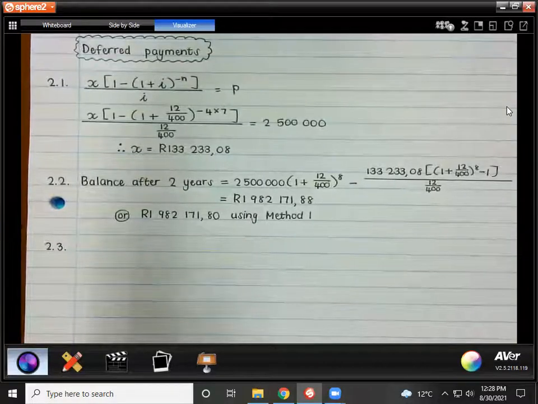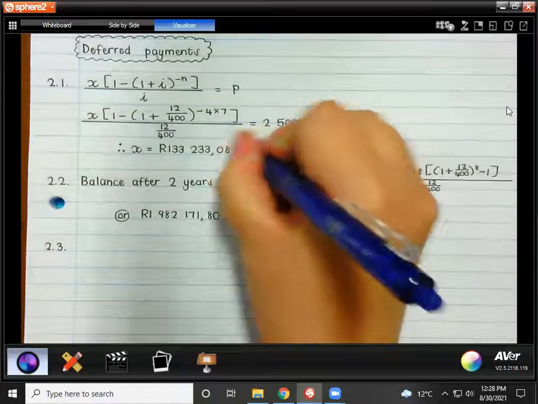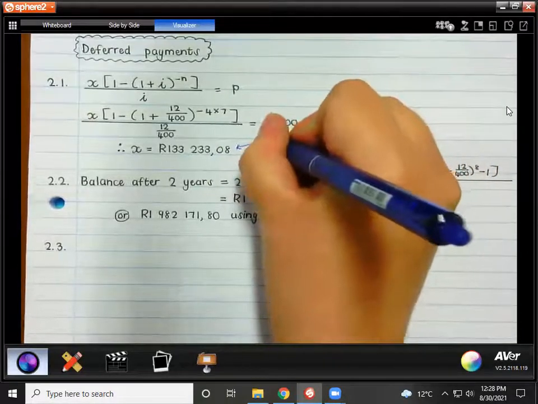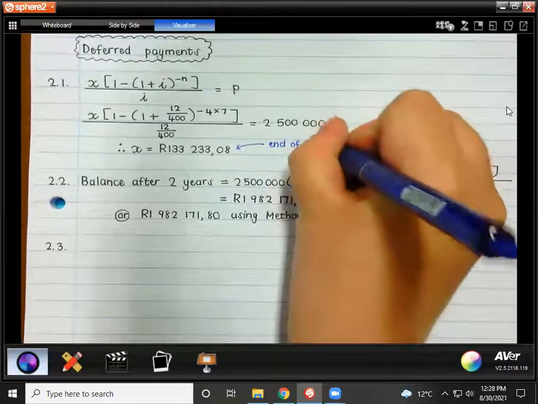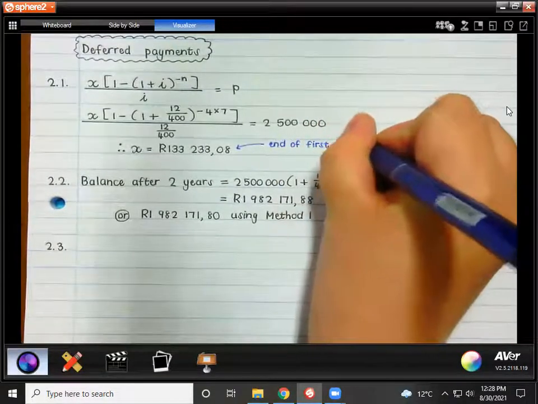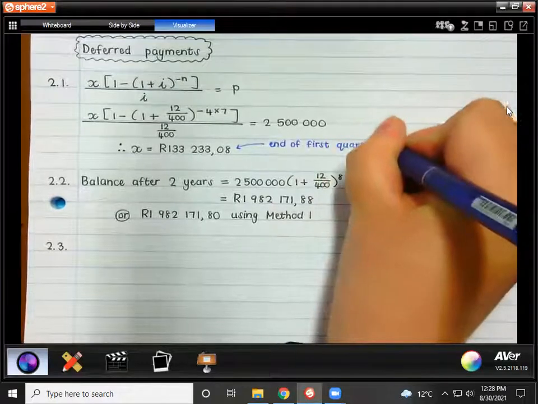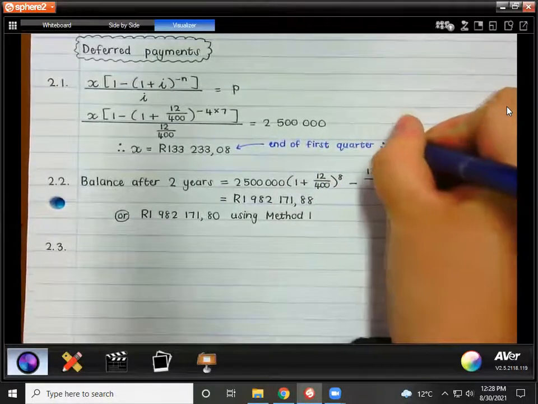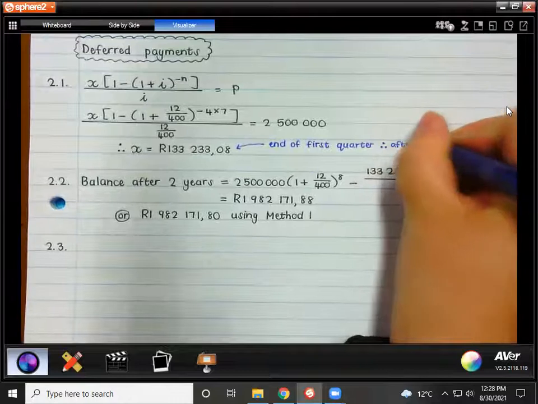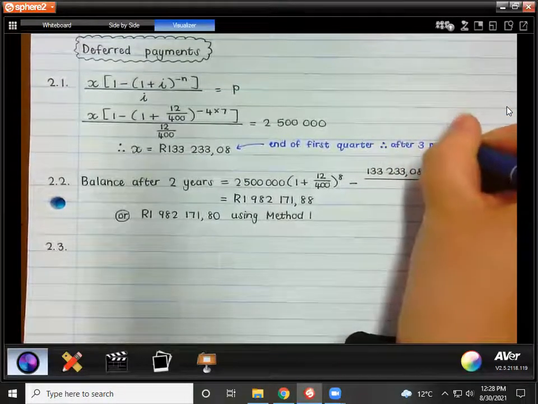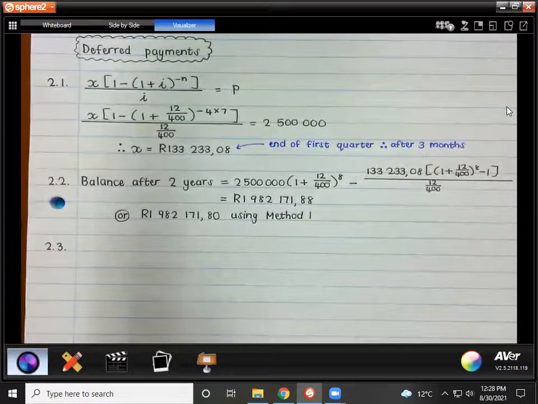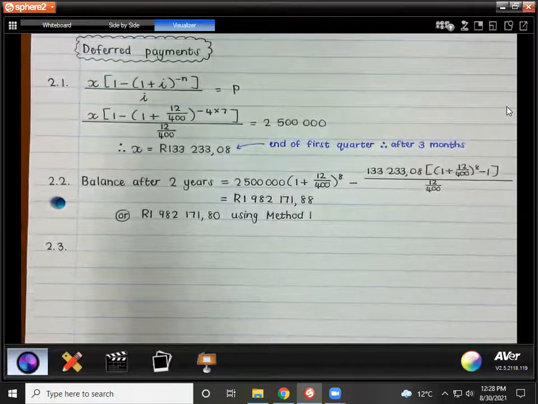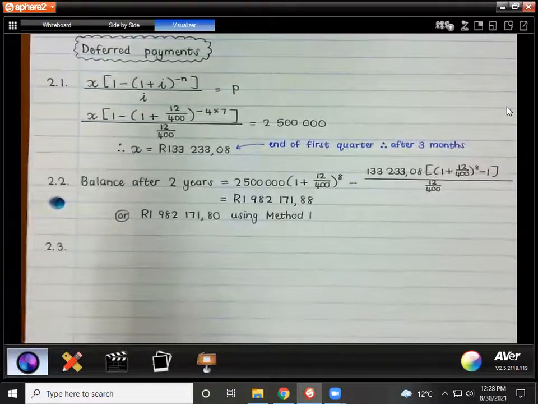So let's write that in here. These are the monthly repayments if they paid at the end of first quarter. Therefore, after 3 months of actually getting the money. All right, so for that, we use the normal formula. Now, guys, if they're paying after 9 months, how many quarters later is that, or how much later is that?